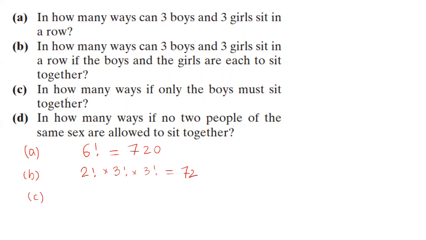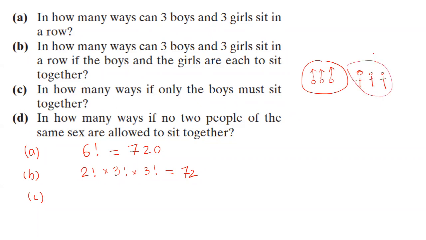For the third one, in how many ways if only the boys must sit together? Here we have another constraint. Only the boys must sit together. So first of all, we can treat these 3 boys together as a whole and use this group to do a full permutation.